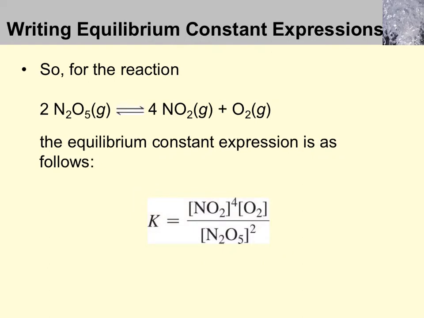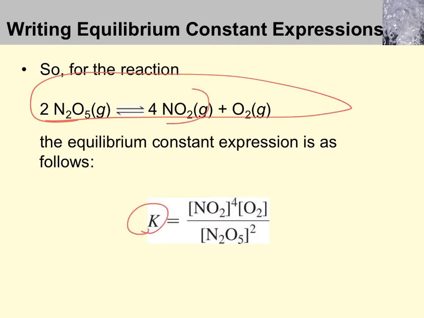So let's look at a couple of equilibrium constant expressions. Here's a decomposition reaction, and so the equilibrium constant would be the product, nitrogen dioxide, raised to the power of the coefficient, the fourth power. Pay attention that these different concentrations are multiplied by each other. Every now and then I get students that want to put addition signs in.